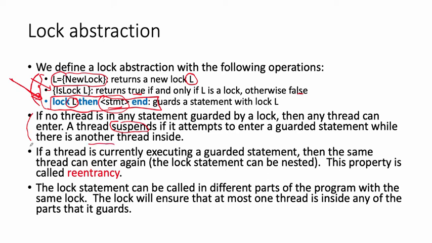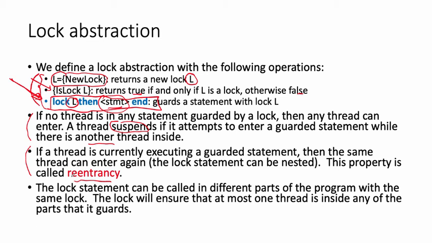Okay? And then there's a very special property called reentrancy. So if a thread is inside the lock and it tries to go inside again, so it has done lock L, and then it's running the statement, and somehow it does lock L again.